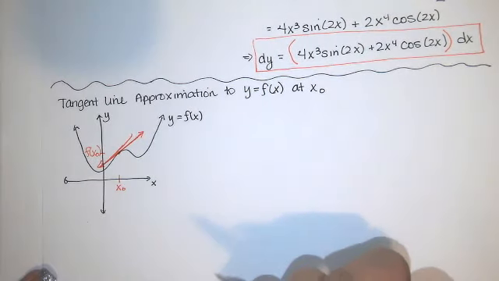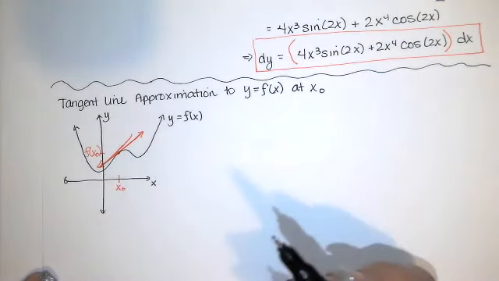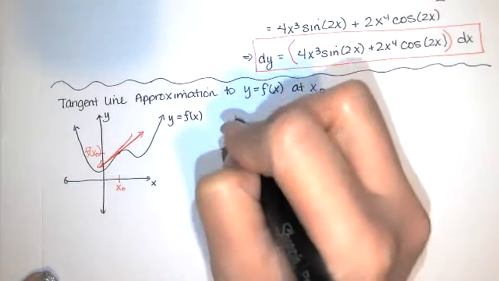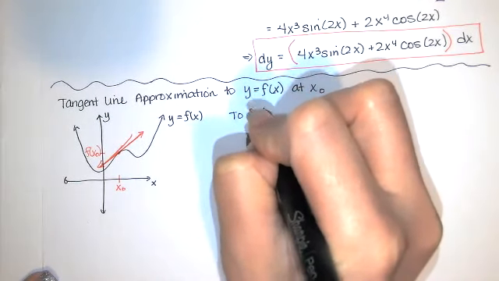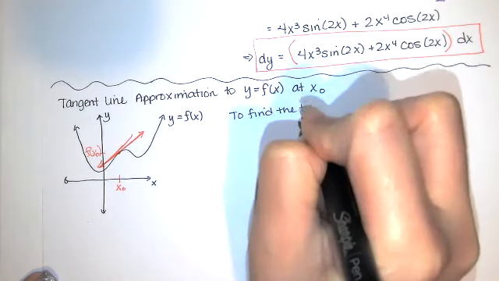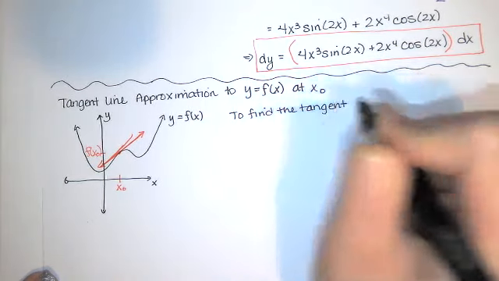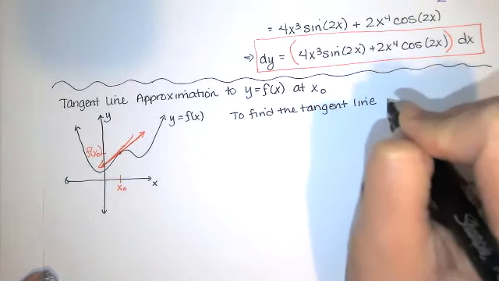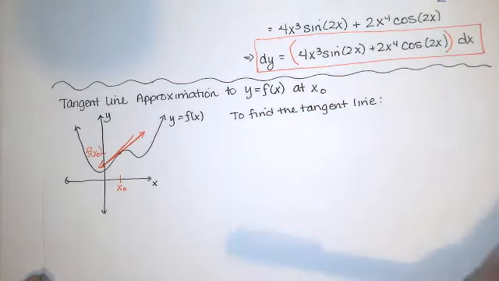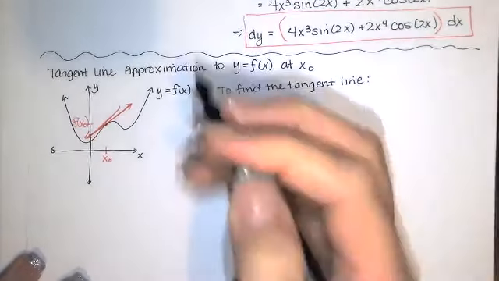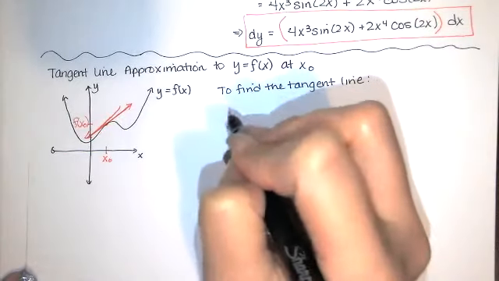So we've already done this. We've already discussed how to find the tangent line to the function. And remember how we did that. We computed the slope.